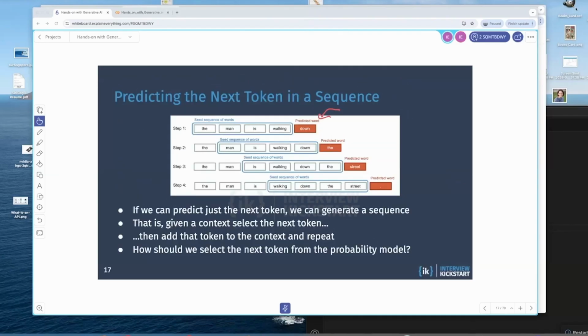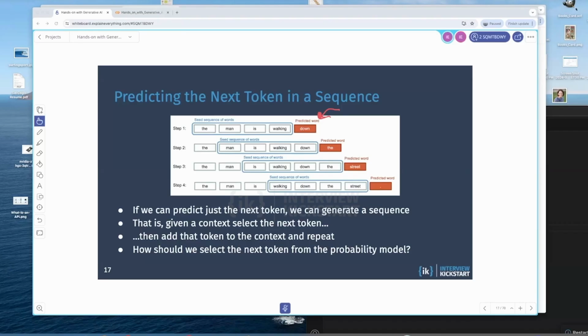This is an interesting idea that shows that if you have a model that can produce a reasonable guess for just the one next token, then you can use that model over and over again to generate longer sequences.